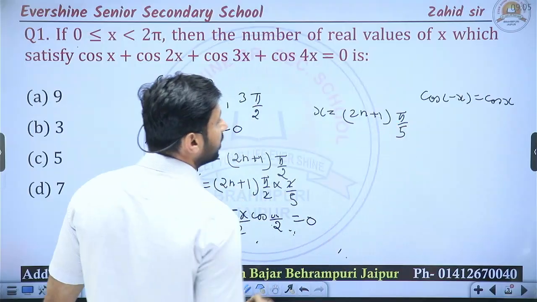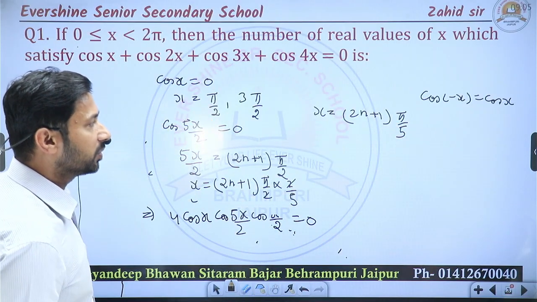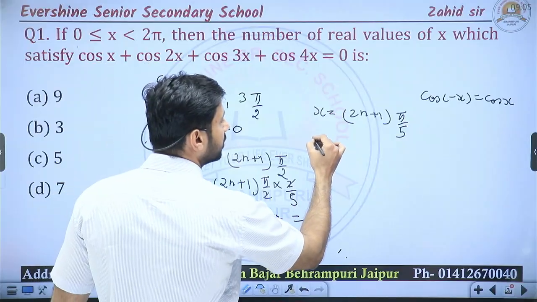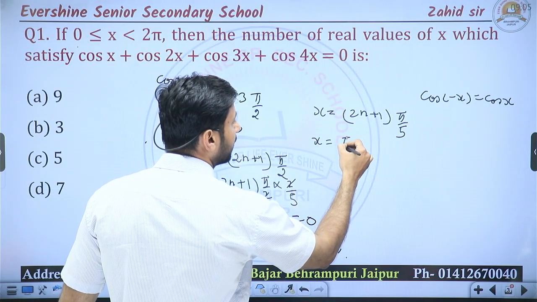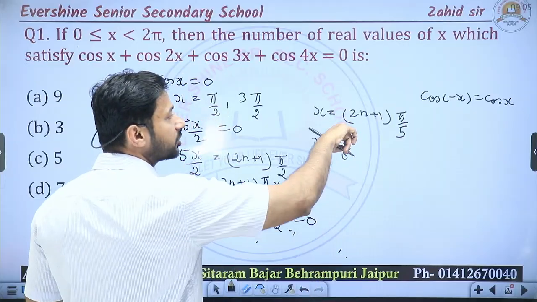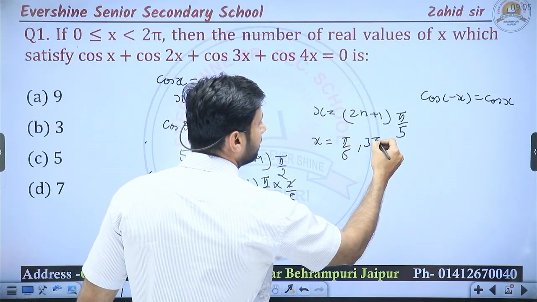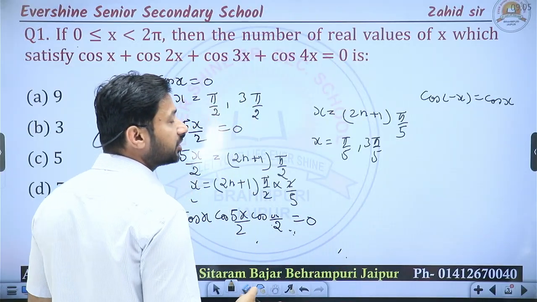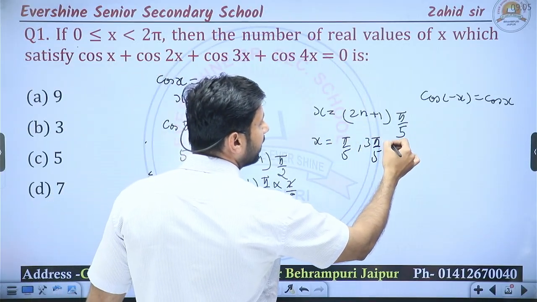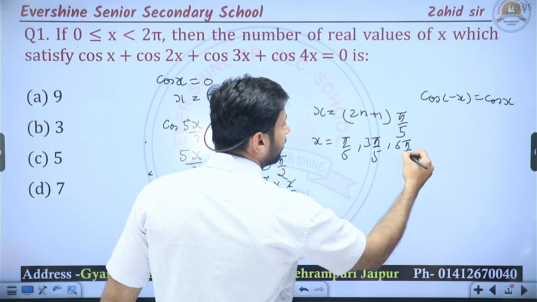Okay. Now I can put the value of n, 0, 1, 2 and so on. So if I put n equals to 0, x will be equal to pi by 5. If I put n equals to 1, it will be 3 pi by 5. If I put n equals to 2, it will be 5 pi by 5.